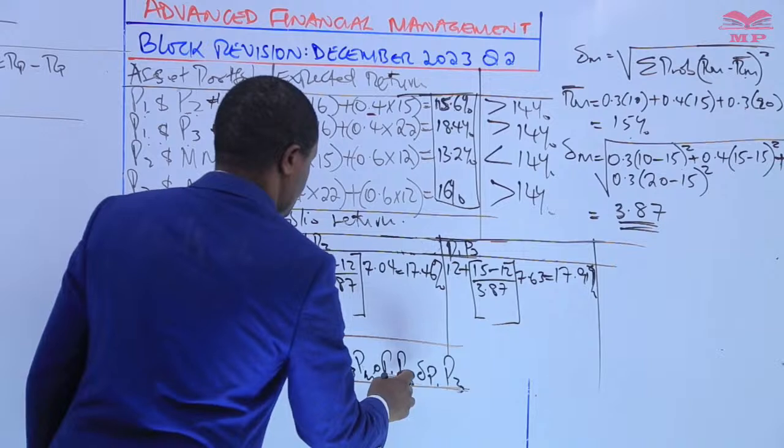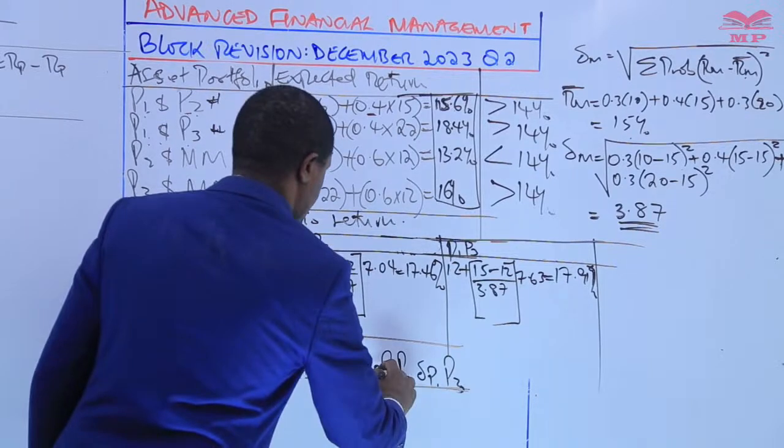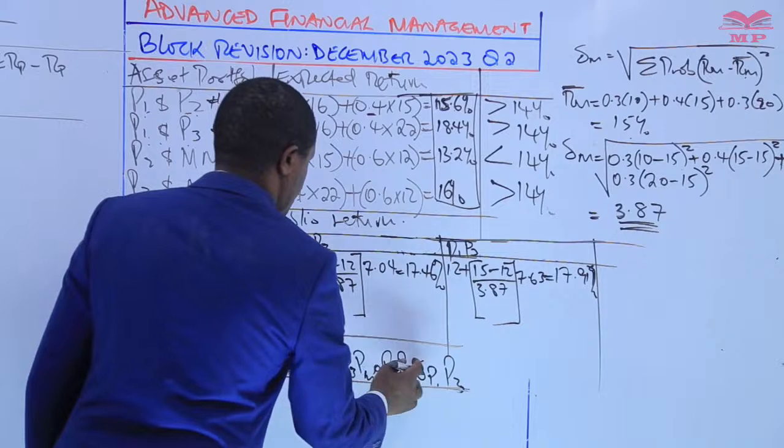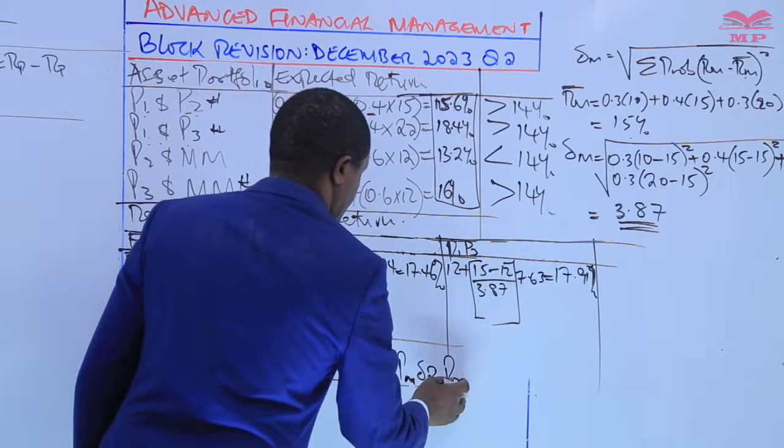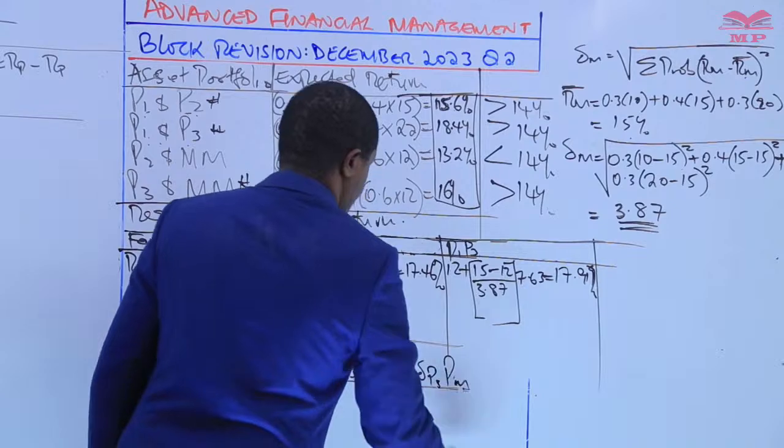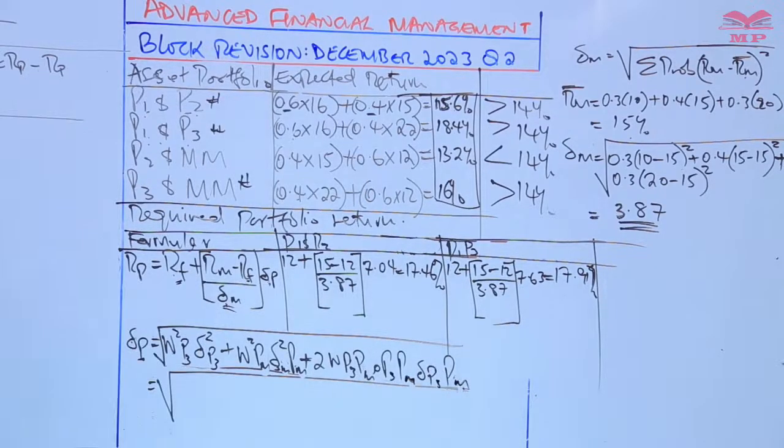This is P3, M, the correlation coefficient of P3 and M, and the standard deviation of P3 and M. That is what changes, but the formula basically remains the same for the standard deviation.